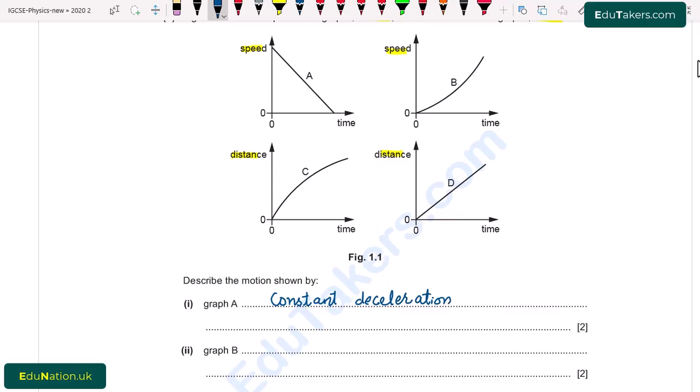Now moving towards graph B. It's also a speed-time graph, and you can see from this curve that the speed is increasing with time. When speed increases with time, we get an increasing acceleration. When we talk about the gradient of this graph, you can see here that the gradient is also changing. First of all, I draw the gradient at the starting point.